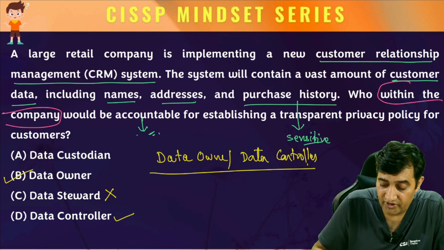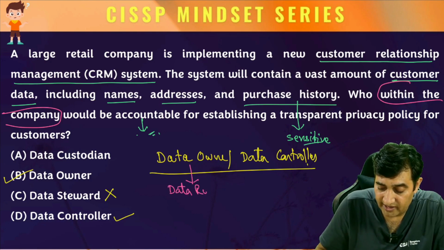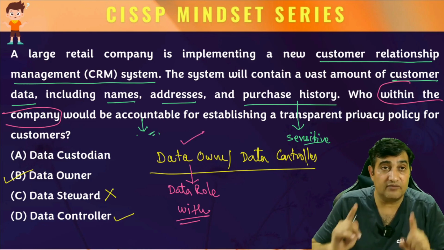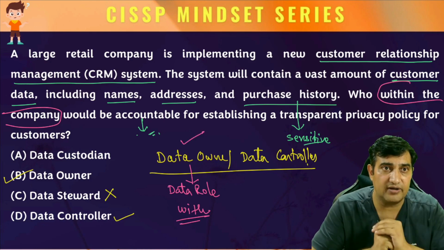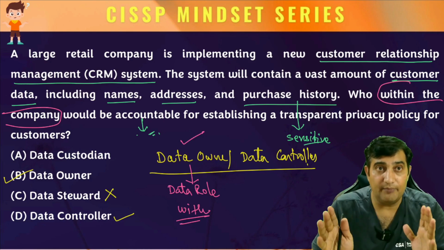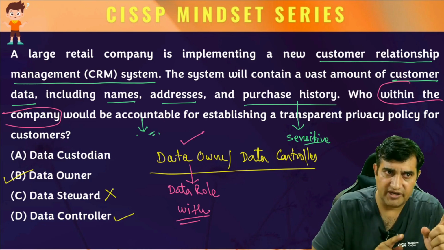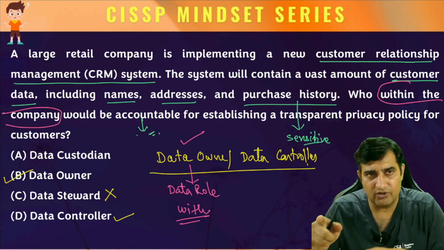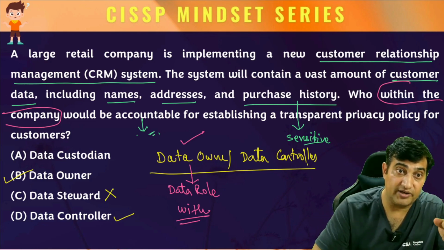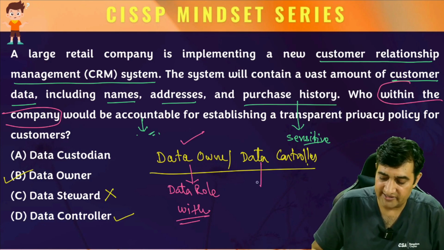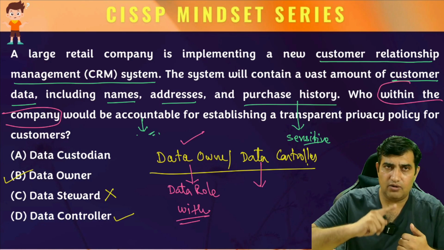Whenever you talk about data roles within a particular company, internal to a company, it is always data owner. The final accountability lies with the data owner. But as a company, as an entity, if you are dealing with customer data, somebody has to collect that data and somebody has to process that data. At that time, from an entity perspective, we use the words data controller or data processor.